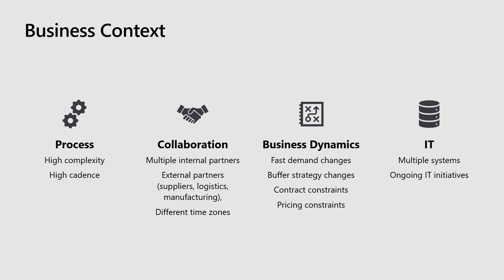Then there are business dynamics that are constantly changing. For instance, in supply chain, we had sales forecasted for a launch, and once the product went out in the market, it could be way up or way down compared to what the forecast was. So these are inputs that are constantly changing.